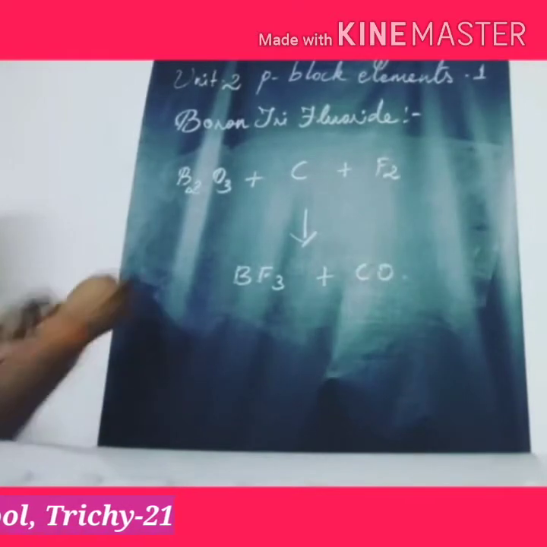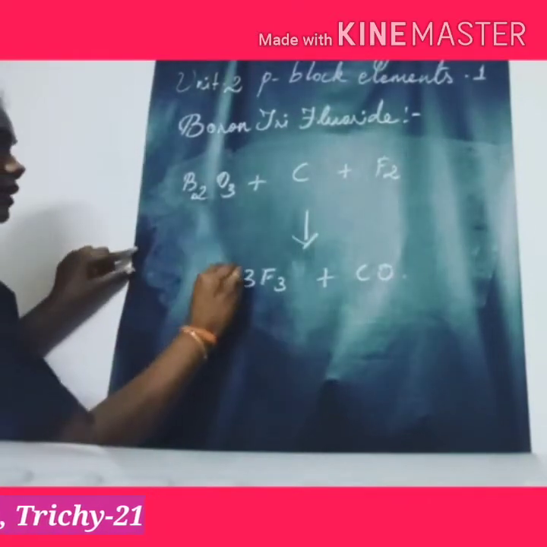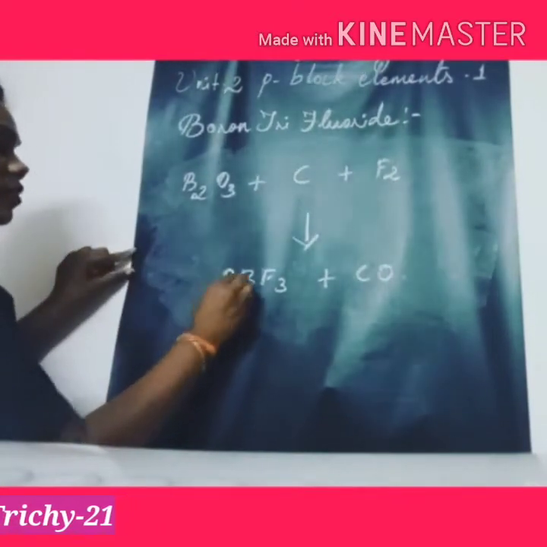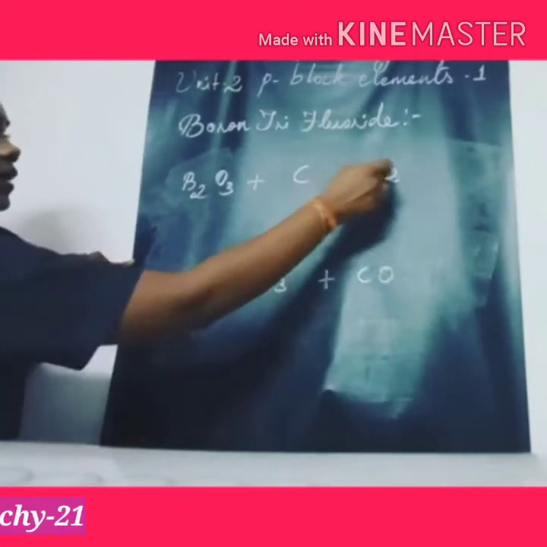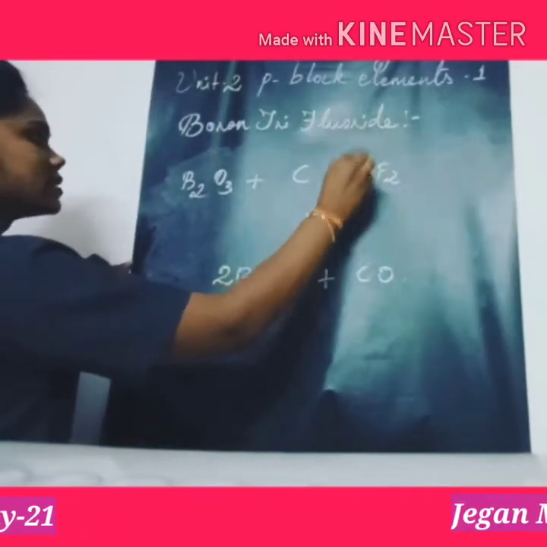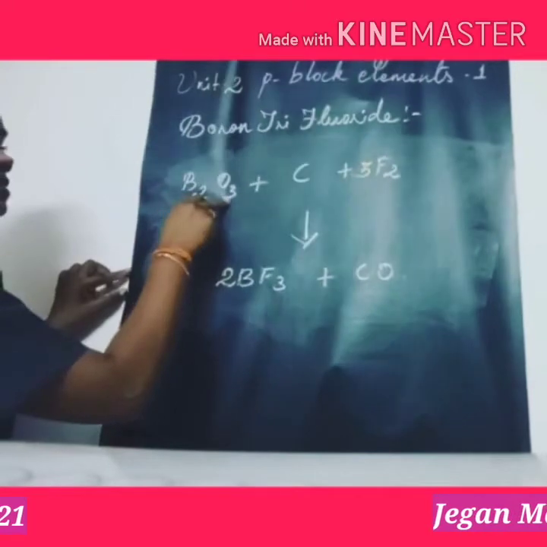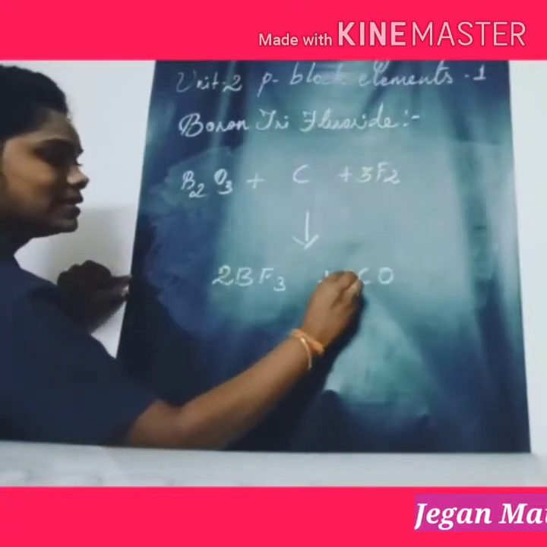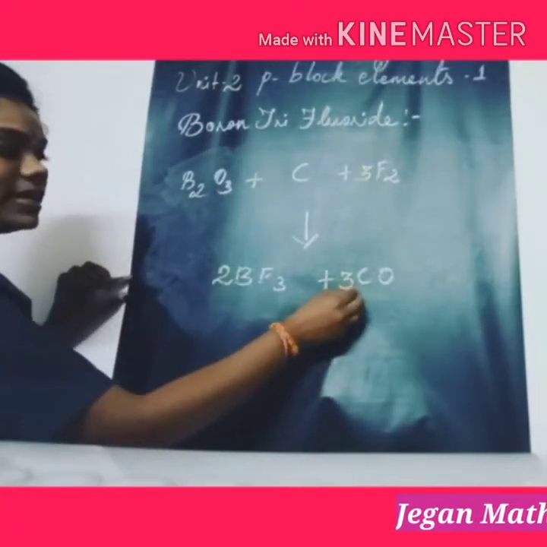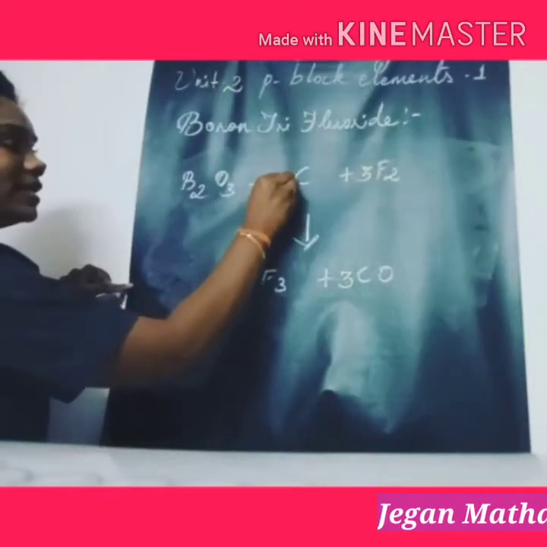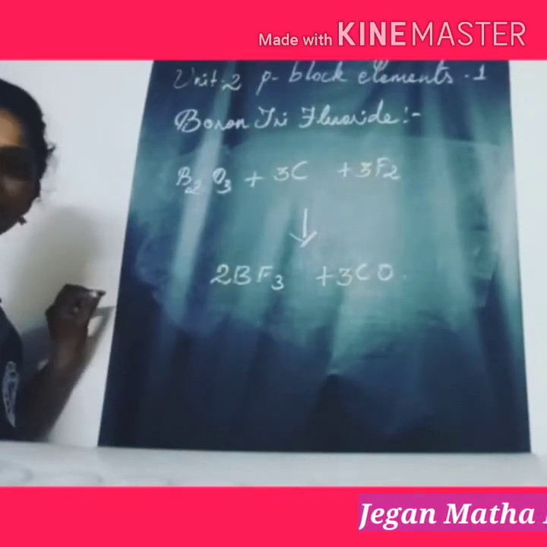Now balance the equation. 2 times of boron, so here 2 times of boron. Fluorine here 6 times, here only 2 times, so 6 times now. Then oxygen here 3 times, so here oxygen 3 times, and carbon here 3 times. Equations are balanced.